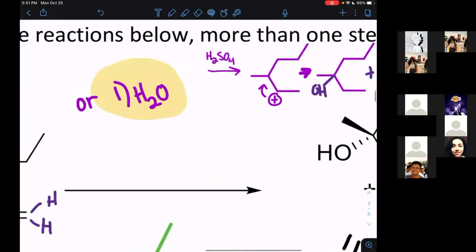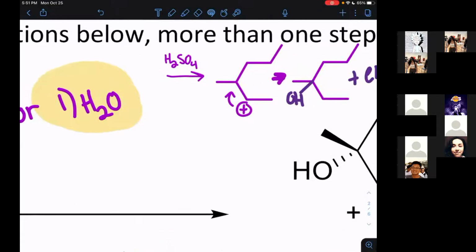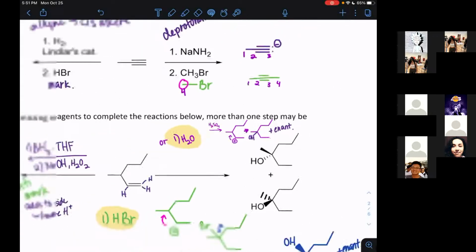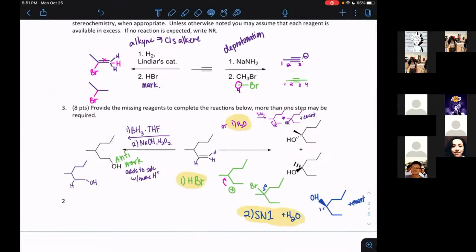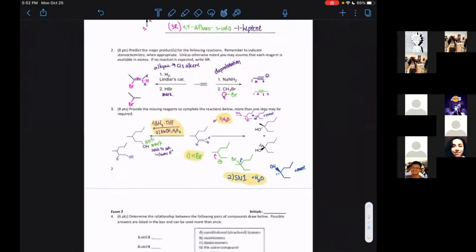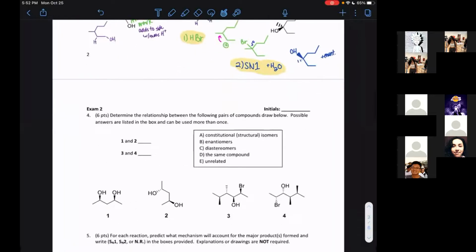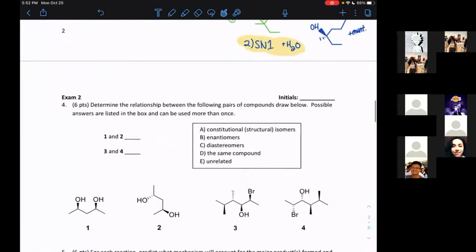And then you'll have a shift happen, and you'll get the same thing. Cool. So that's that one. And then we could go ahead and go to the next one.